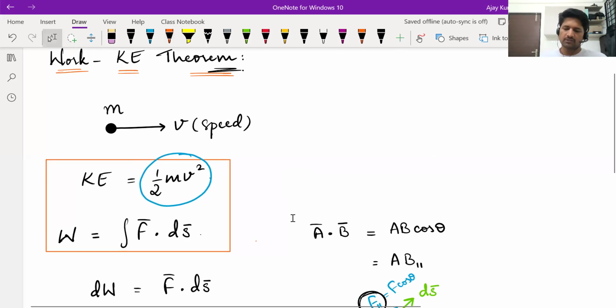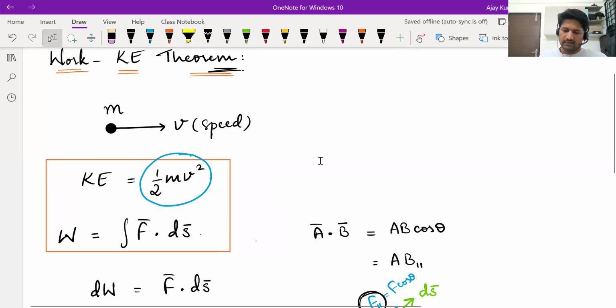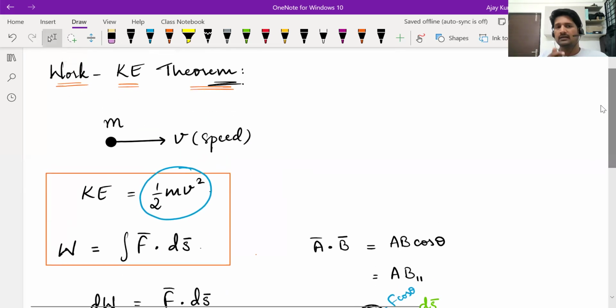So first we talked about kinetic energy of an object, the formula that you had learned in earlier classes, half mv square, you can use that directly. And work kinetic energy theorem relates the work done on a system to the change in its kinetic energy.